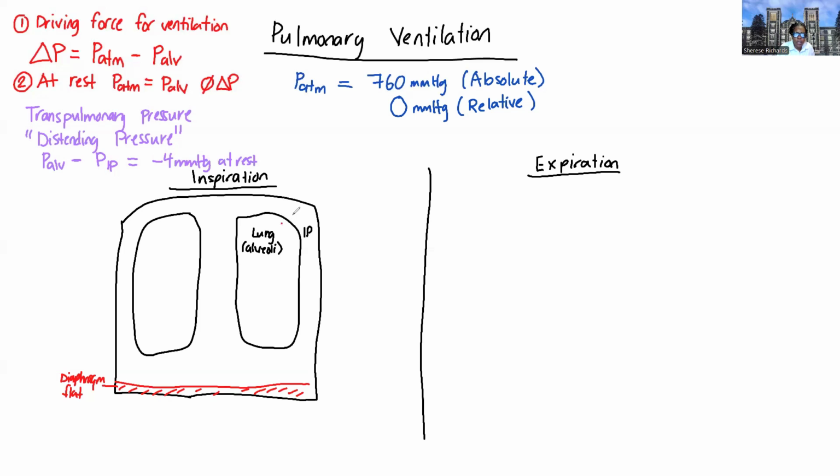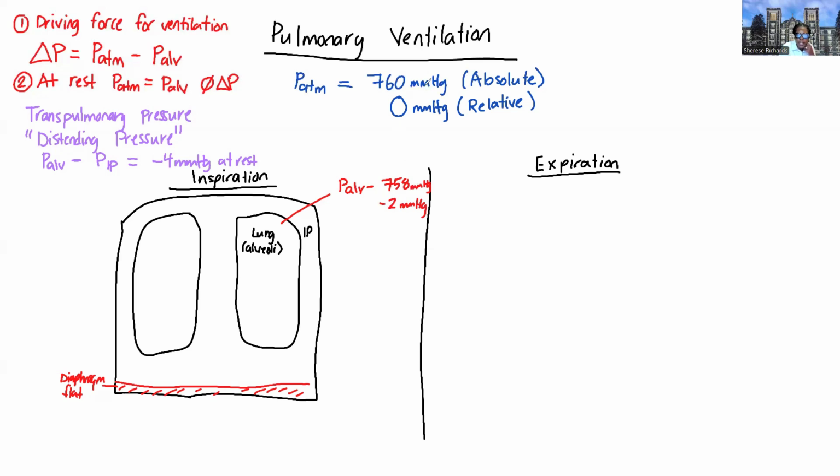The absolute alveolar value here is about 758 millimeters of mercury, or the relative, 0 minus 2, would be negative 2 millimeters of mercury, compared to our atmospheric pressure.